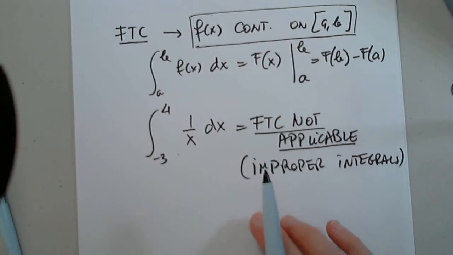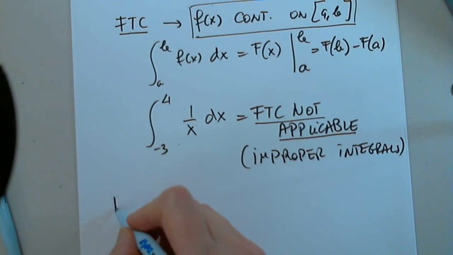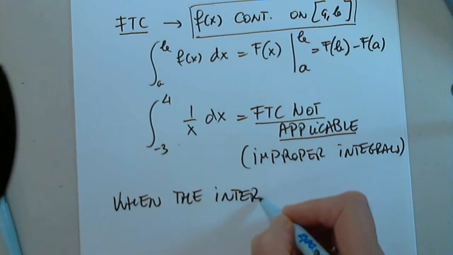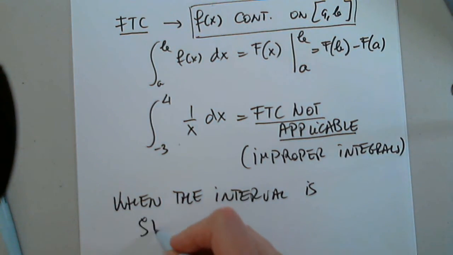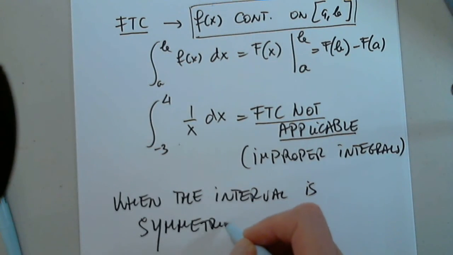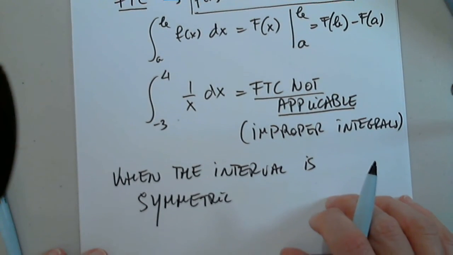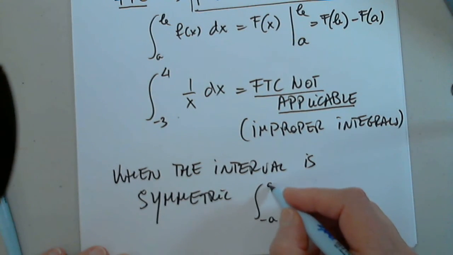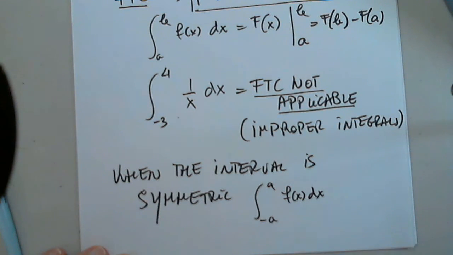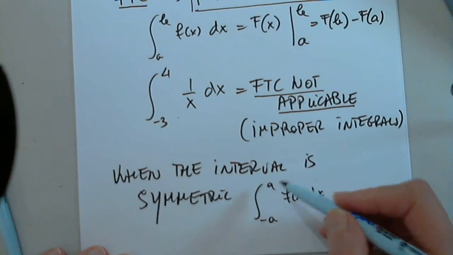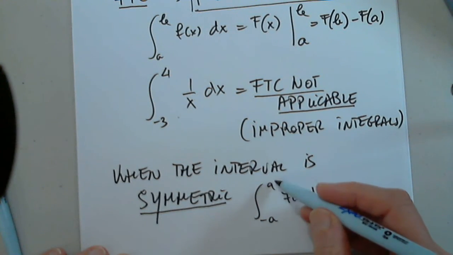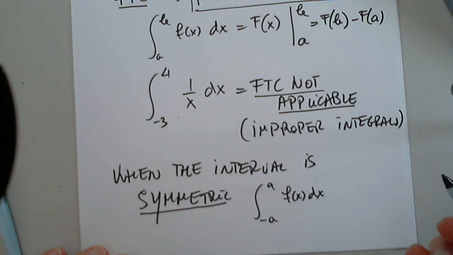Okay, so careful. The other thing I was going to say is, when the interval is symmetric, like the integral from -a to a of f of x dx, we always think in terms of it only when the interval is symmetric: from -5 to 5, -10 to 10, symmetric around 0, right?